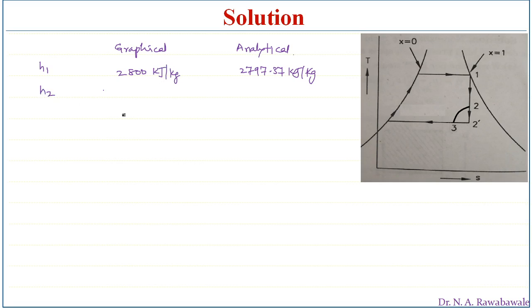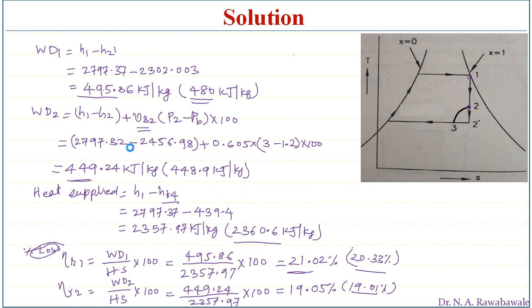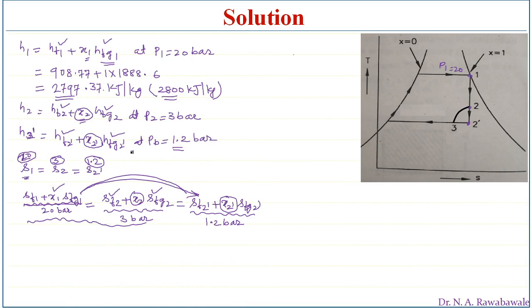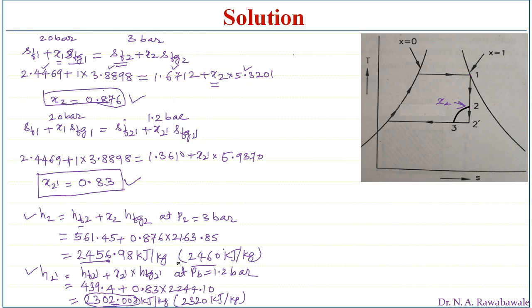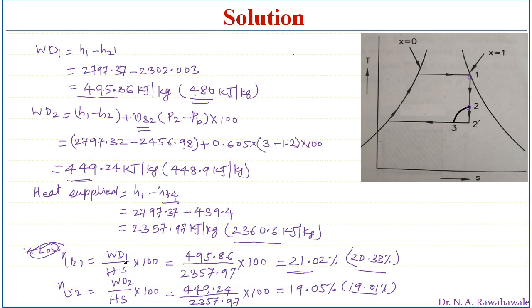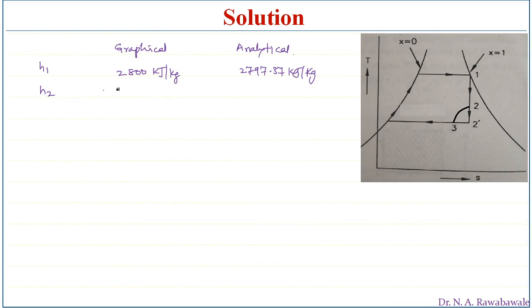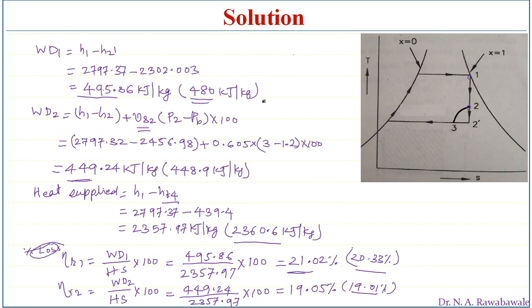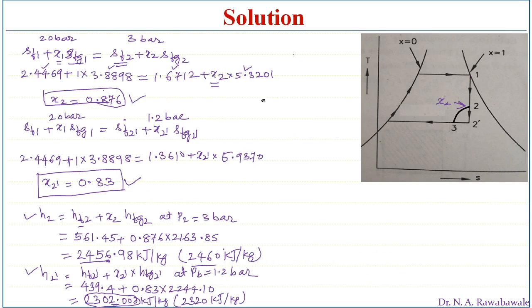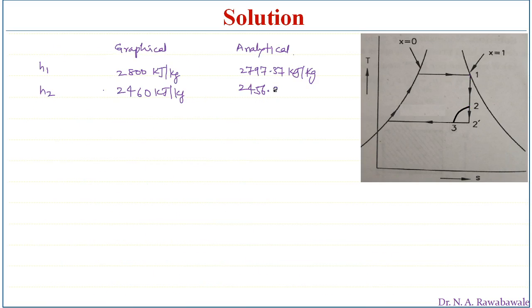Then we obtained the h2 value in the first case, 2460, and 2456.98 kilojoules per kg.